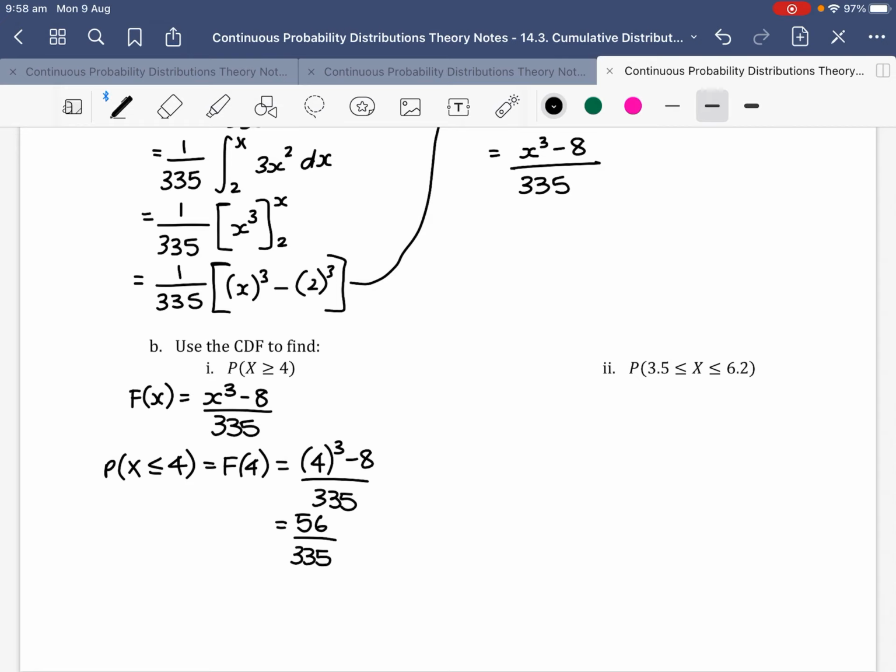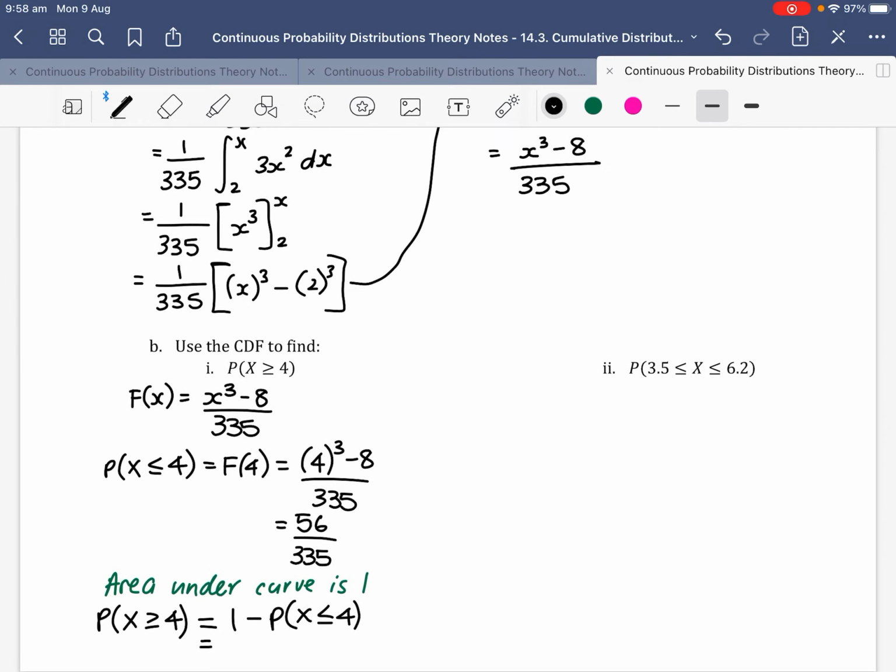And then as the area under the curve for probability density functions is 1, we have that the probability that x is greater than or equal to 4 is equal to 1 minus the probability that x is less than or equal to 4.